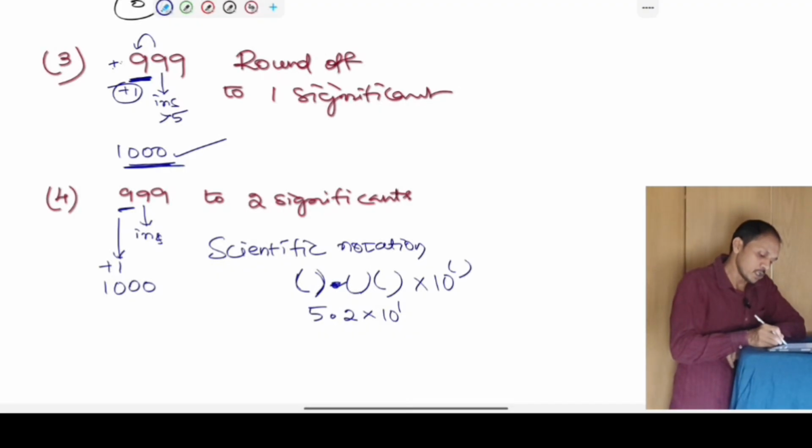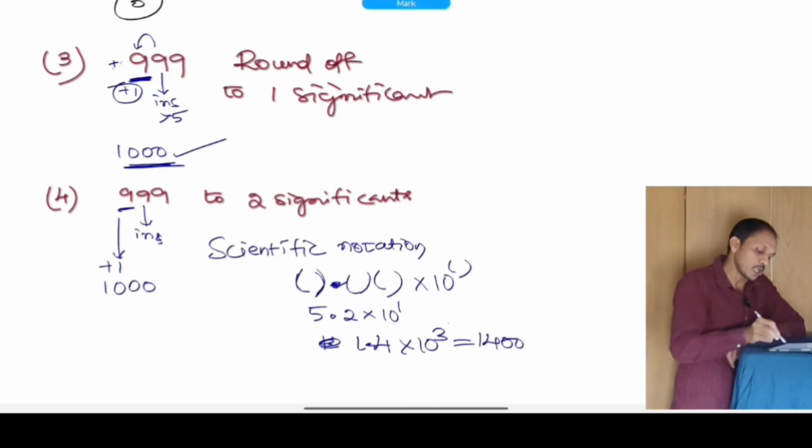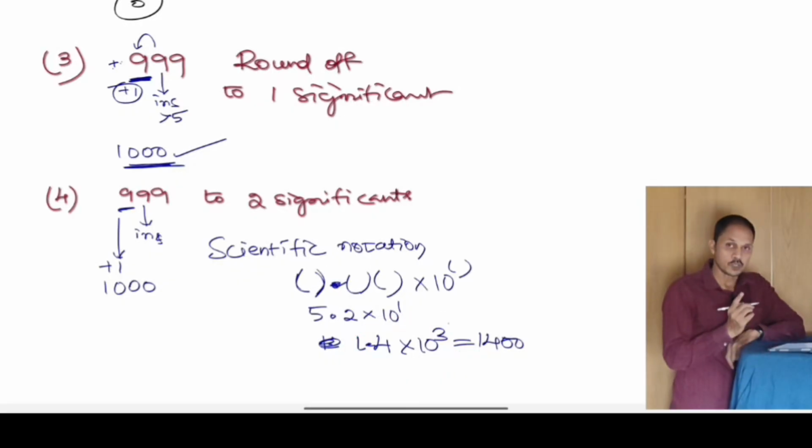So I can write 1.4 into 10 power 3. What does this mean? It is 1400. This is the scientific notation of writing that: putting only one digit before the decimal point and writing 10 power something.